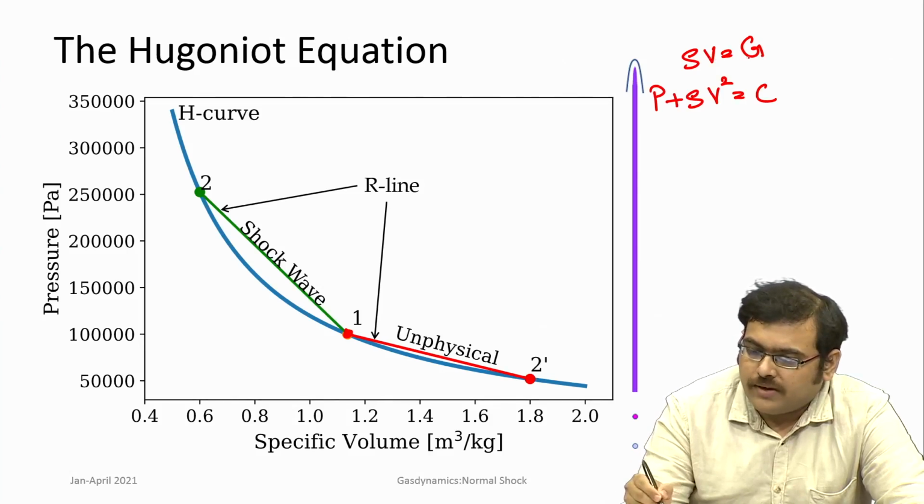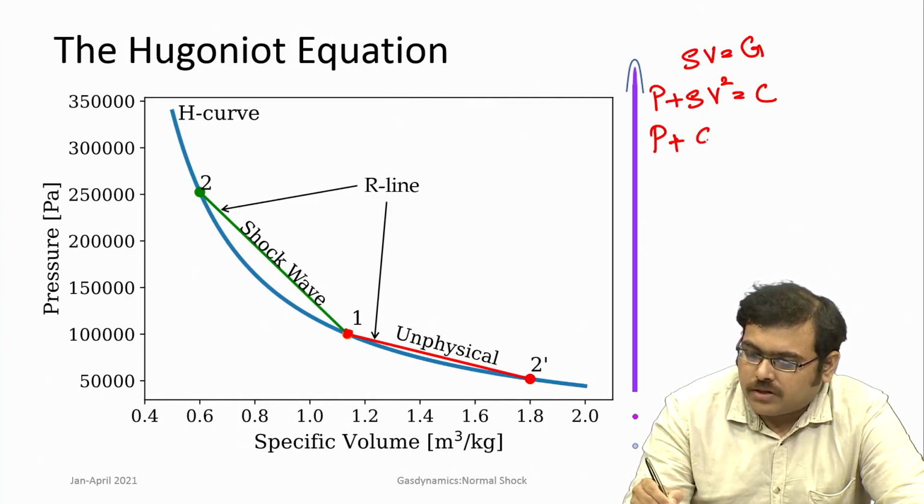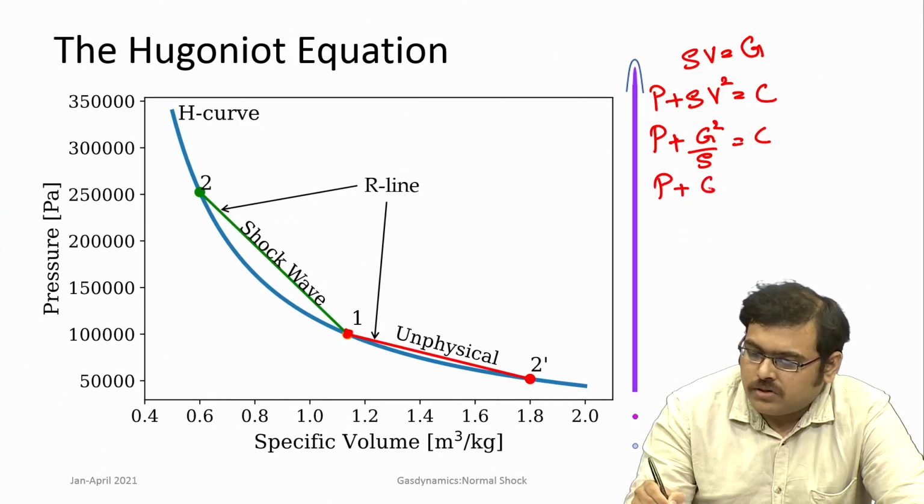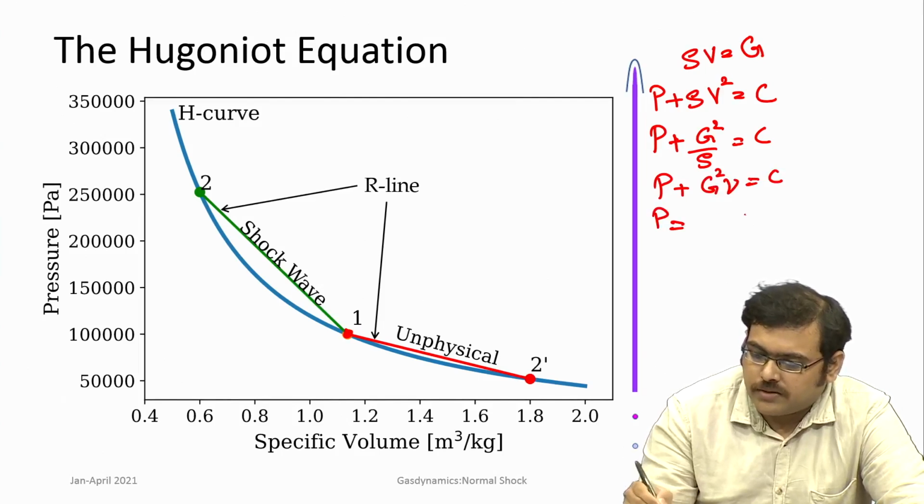So g is another constant, so this becomes P plus g square by rho equal to constant, or P plus g square times specific volume is equal to constant, P is equal to minus g square v plus c.